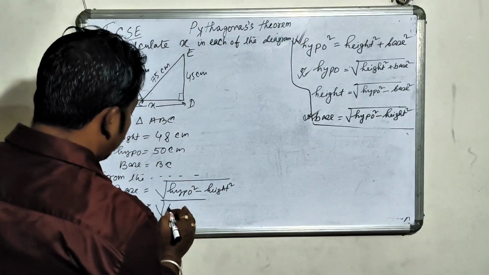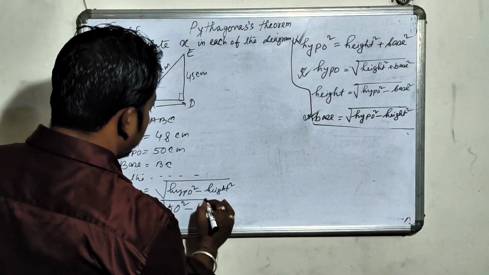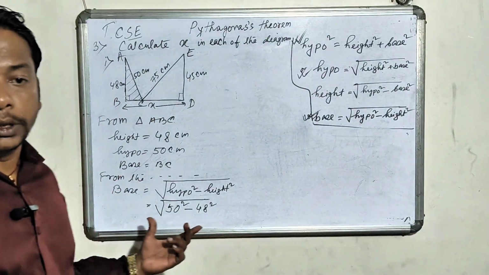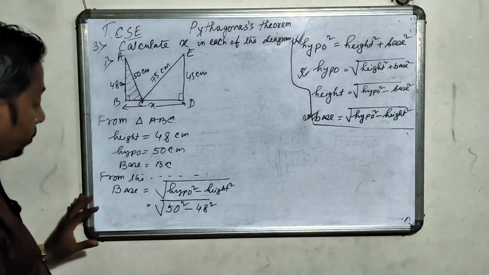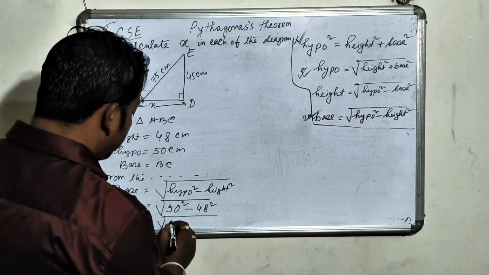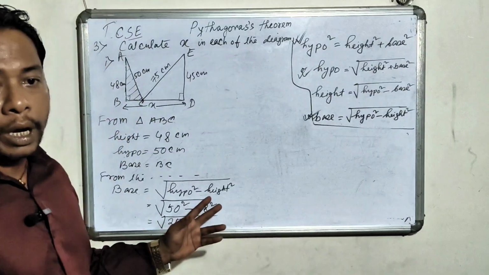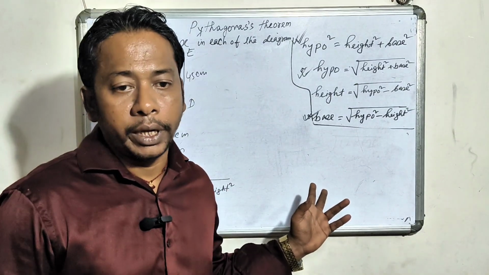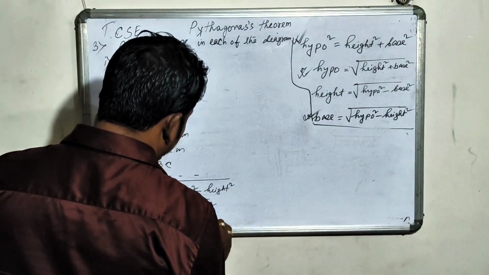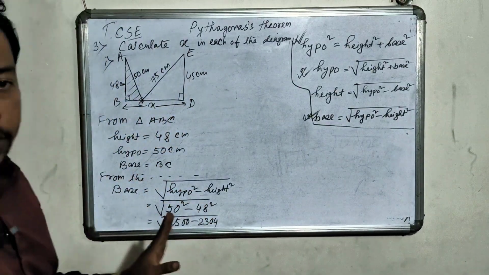That is 50. 50 square means 2500, and you can find 48 into 48, it's very easy, that is 2304.